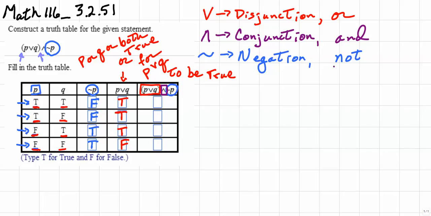In order for this to be true, the statement P or Q and the not P both must be true.